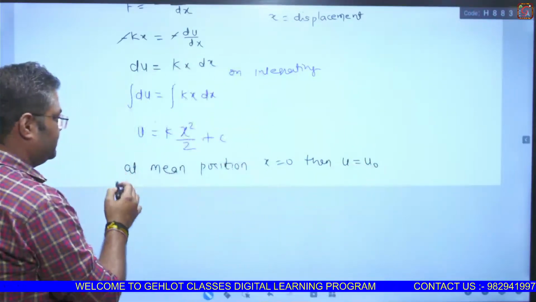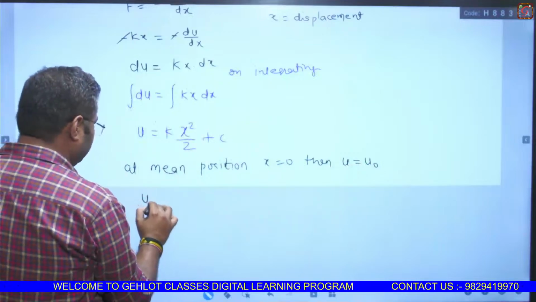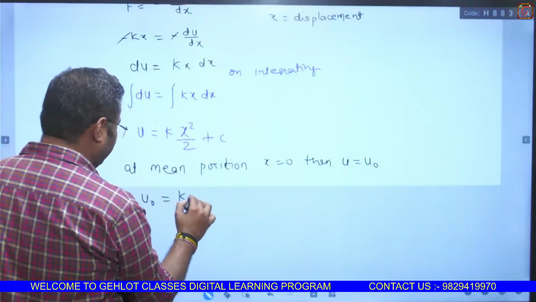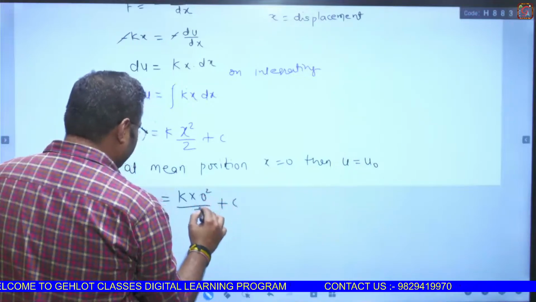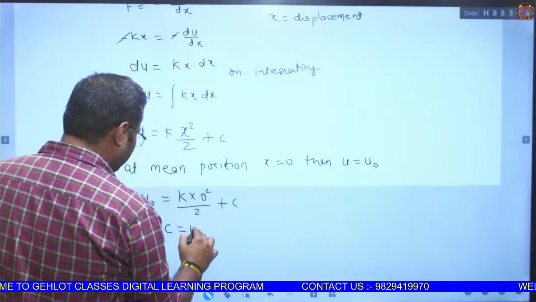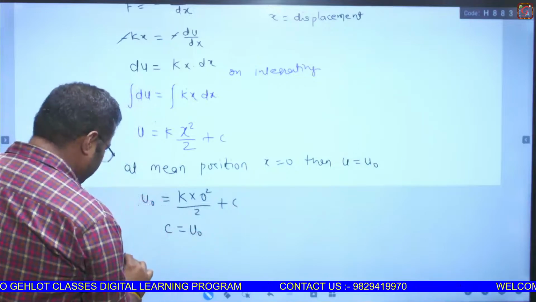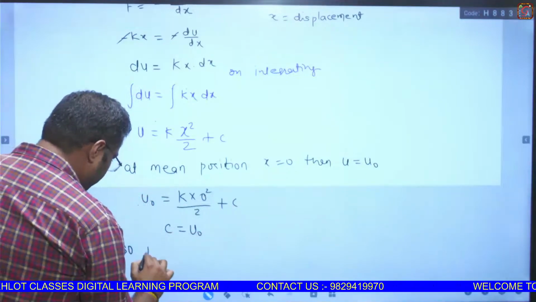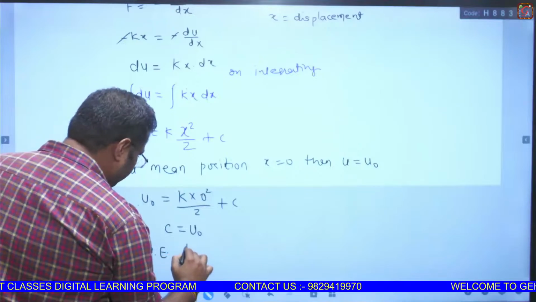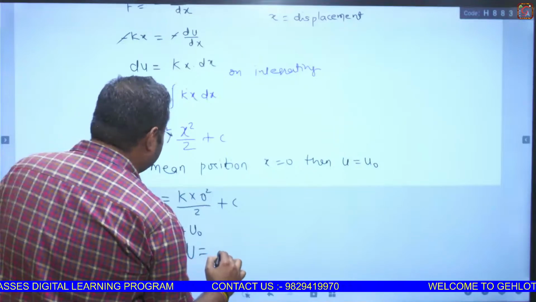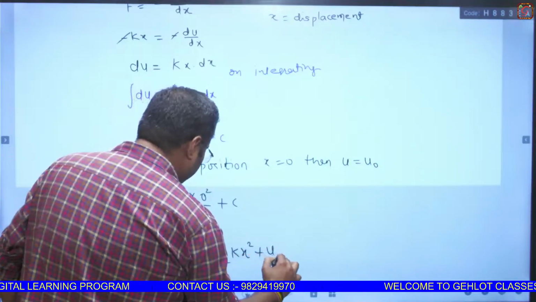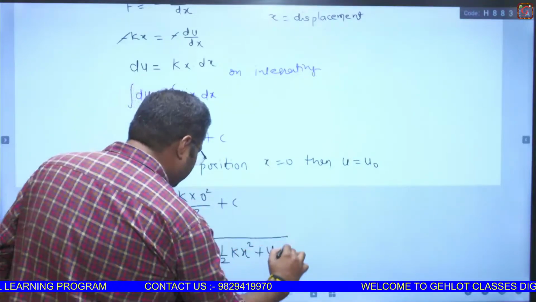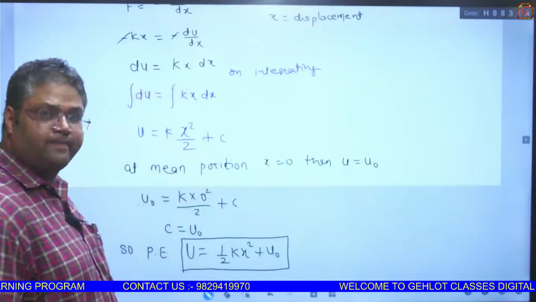Substituting, U naught equals k into 0 square by 2 plus c, so the value of c becomes U naught. So the potential energy U equals half kx square plus U naught. This is potential energy U.